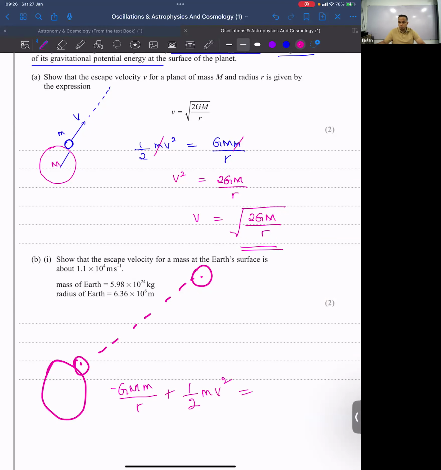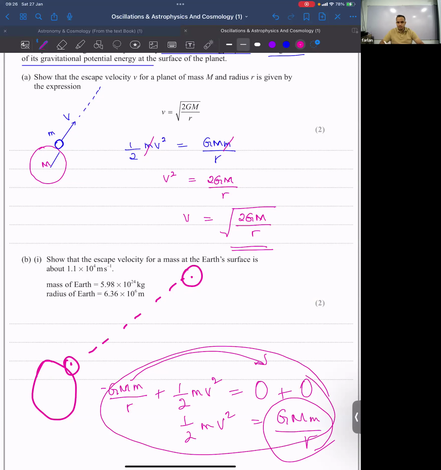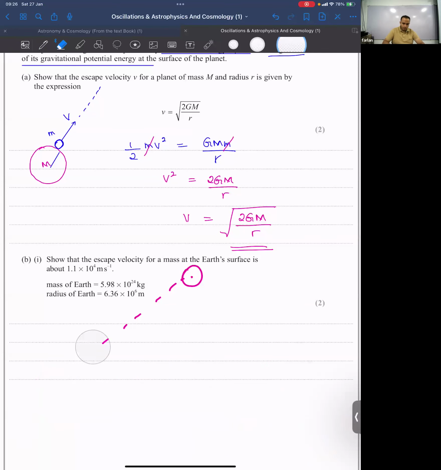That is equal to the total kinetic energy at infinity, which is 0, and total potential energy at infinity is 0. Then when you take this minus sign to the other side, it becomes half mv squared equal to, without the minus sign, GMm over R. This GMm over R is the magnitude of the potential energy. Without expecting you to do this, they straight away have given you that the kinetic energy is equal to the magnitude of the potential.